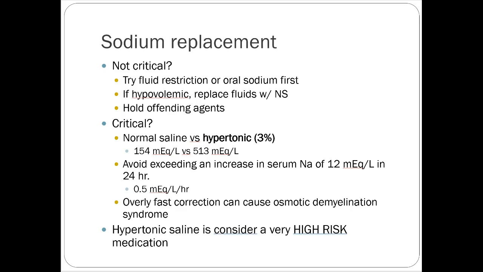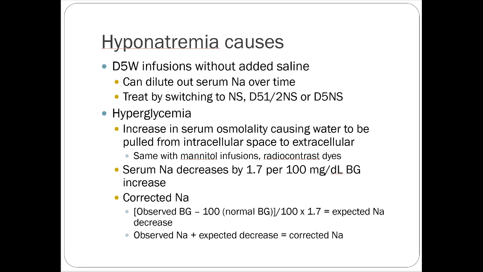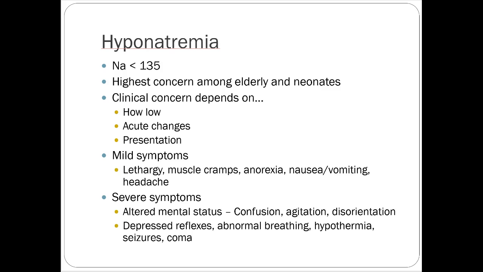Okay, so when we're replacing, if it's not critical, generally speaking you can just fluid restrict or give oral sodium first, depending on their presentation. If they're hypovolemic, you just replace the fluids with normal saline. Normal saline, if we go back to this little chart here, has a sodium concentration of 154 milliequivalents per liter, which is a little on the high side of what you would want in your serum.